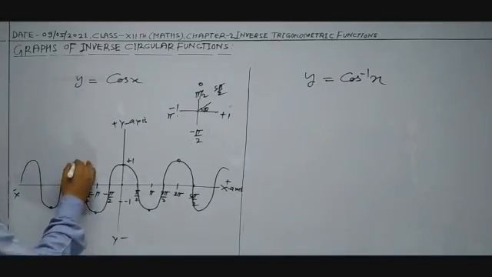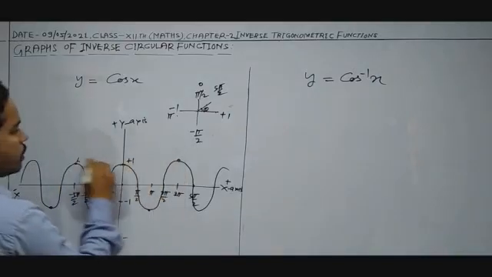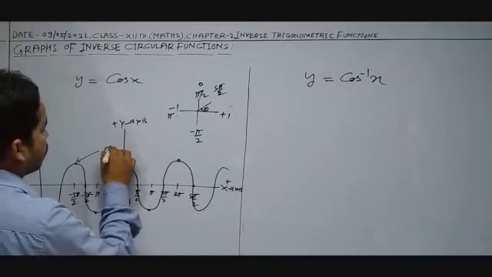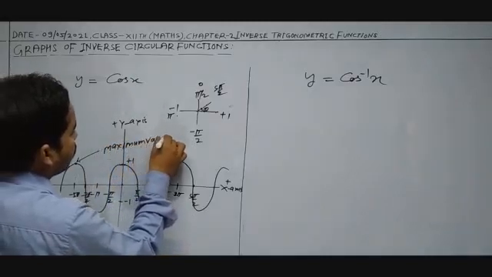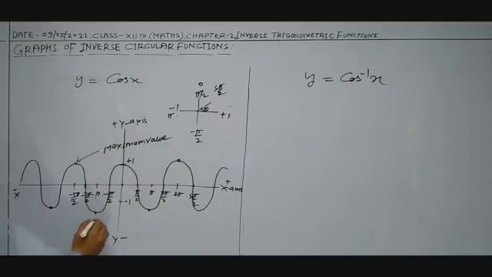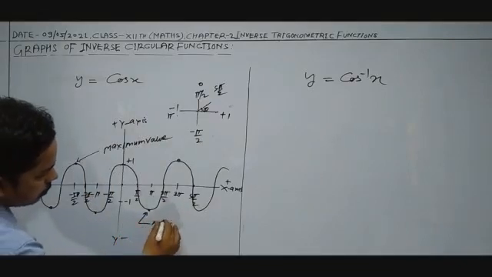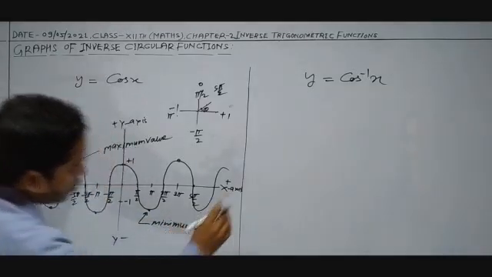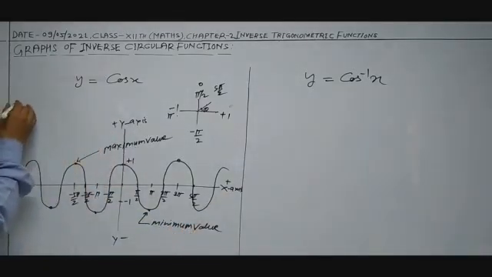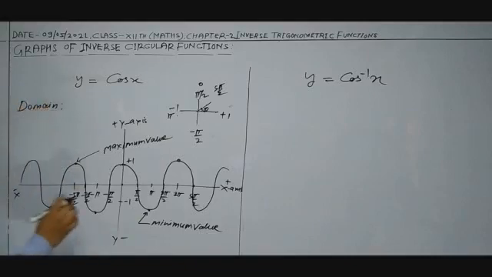Now maximum value of cos, that is plus 1. And the minimum value, that is minus 1. So domain, that is the set of real numbers.